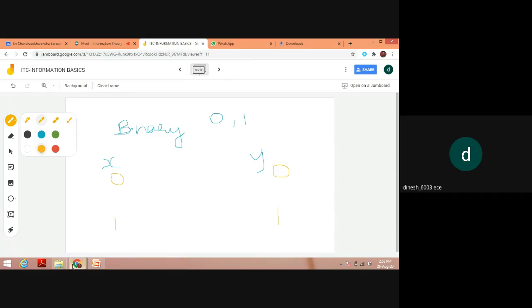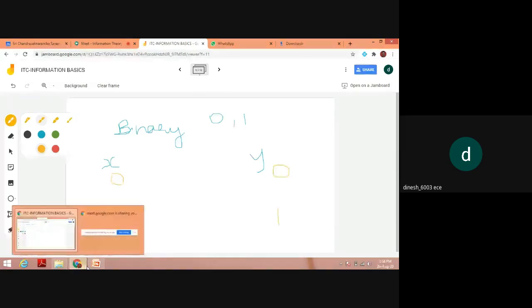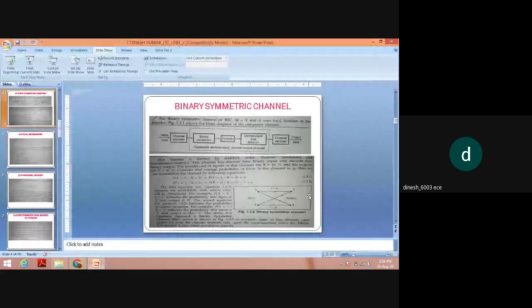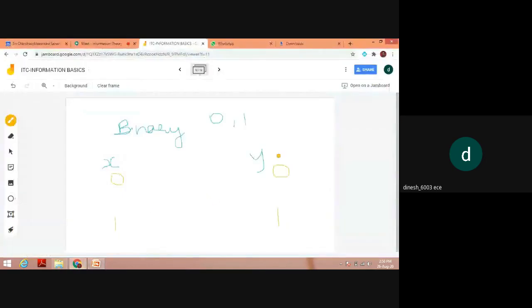First I'll explain how I write this P and how I write this 1 minus P. First we'll define what P is. P we define as the probability of error.